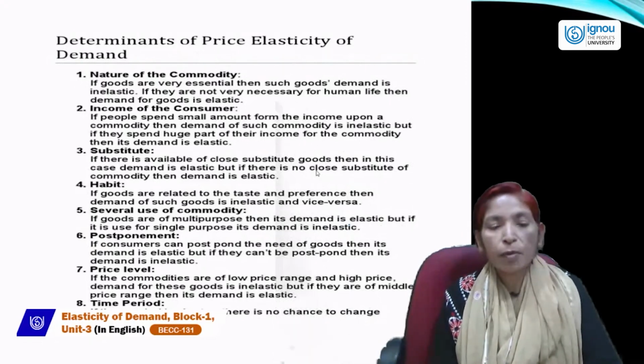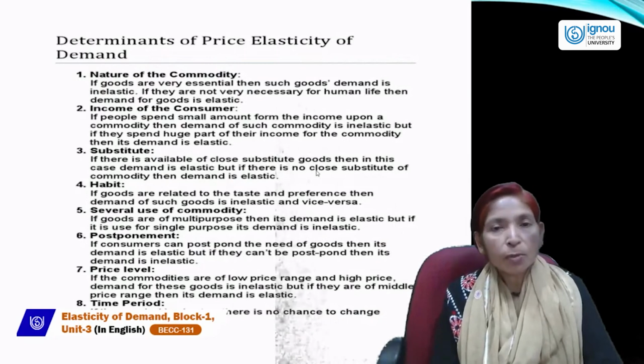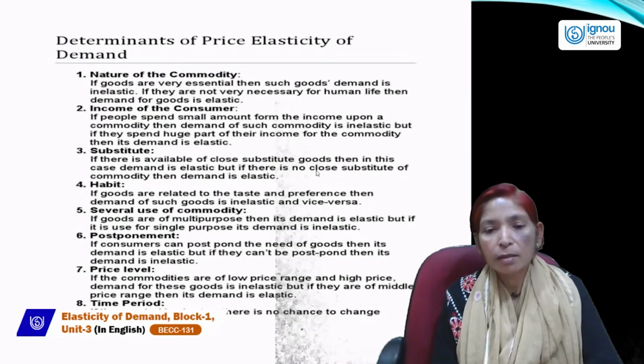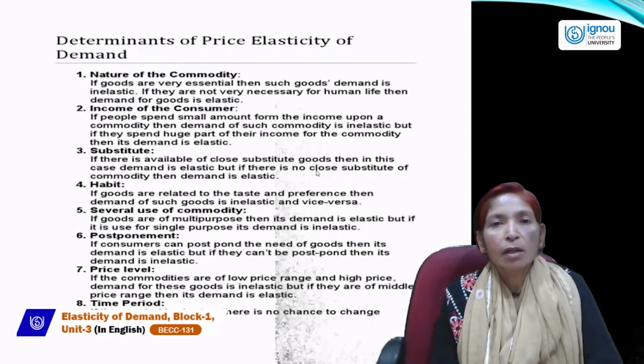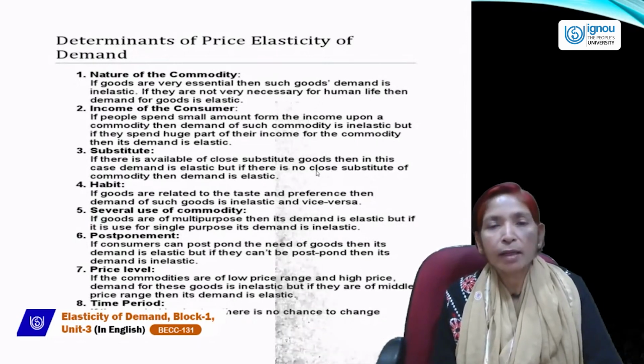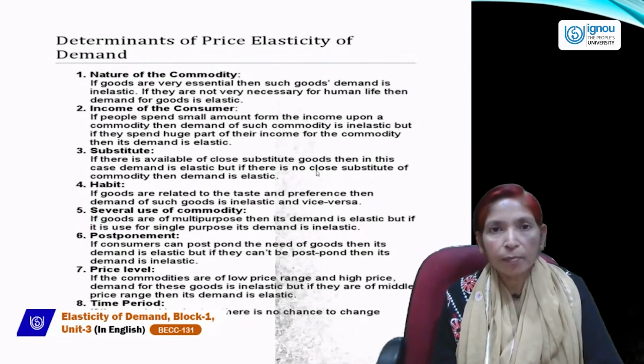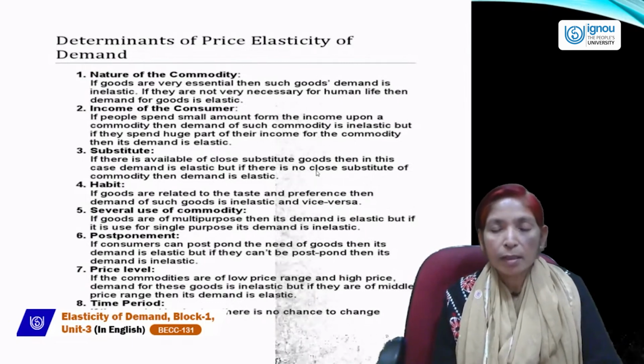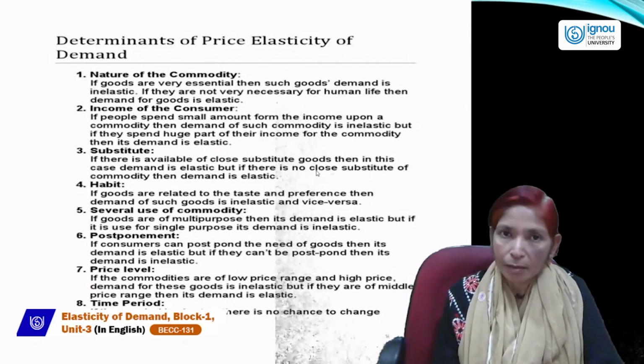Sixth point is postponement. Postponement means if the consumer can postpone his demand and does not necessarily have to buy that commodity at a particular time, it means demand can be postponed for the future. It means demand is more elastic.